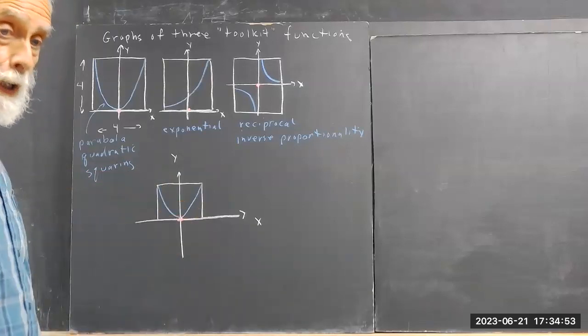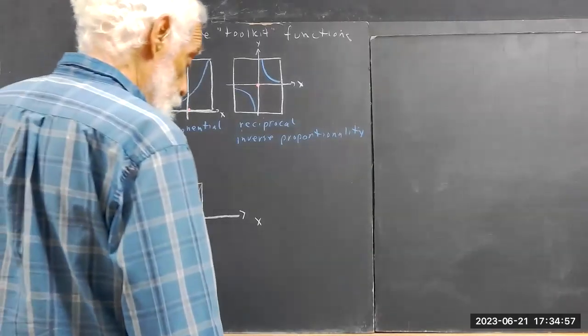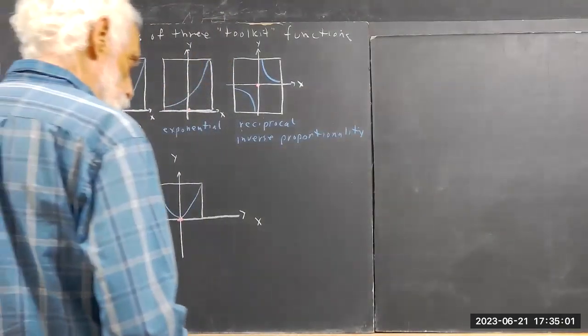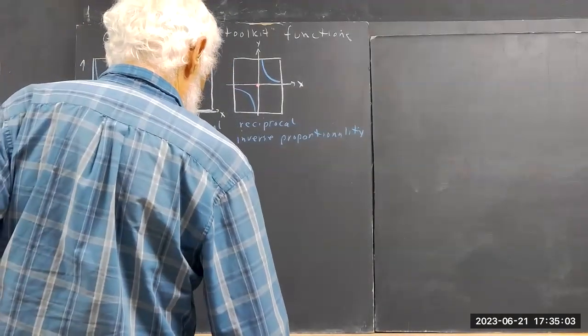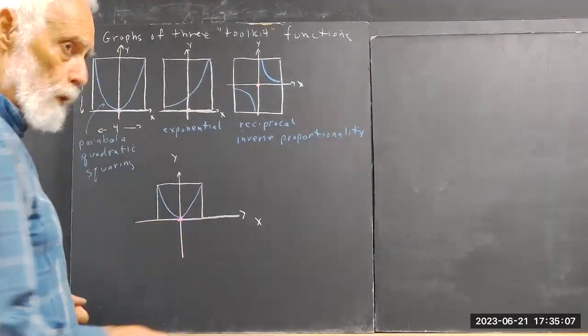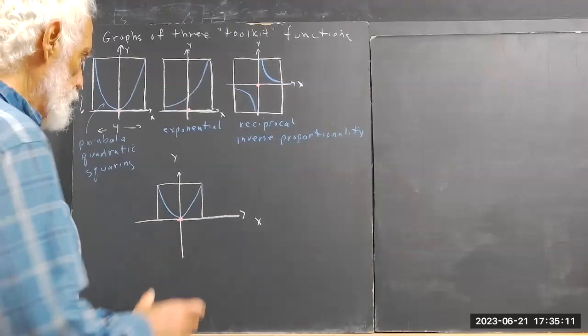Now this function has a formula. We're not going to talk about the formula just now. I'll tell you it's y equals x squared, but we're not going to use that. What we are going to do is transform this graph, and there are many ways we can transform a graph.